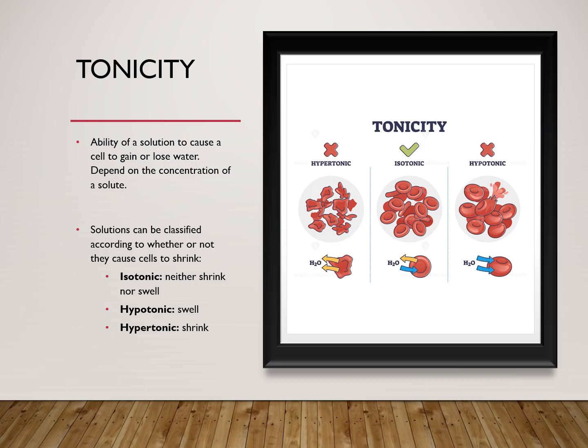So just really thinking through, if I give different tonicities of fluid, what will happen to the cells? And this will become important too when we start talking about what fluids are most appropriate to administer for patients with different conditions, right?